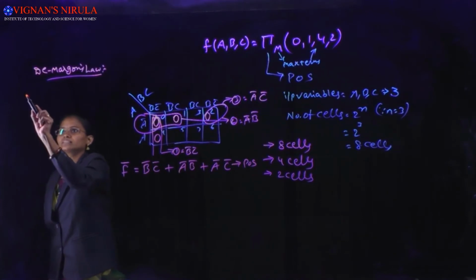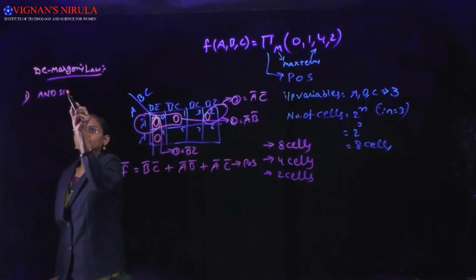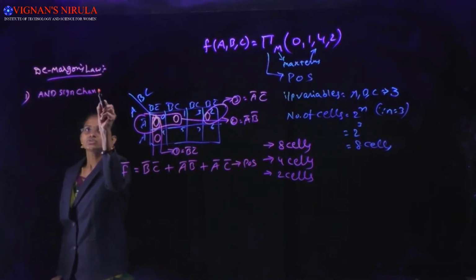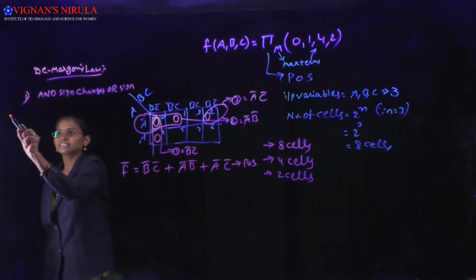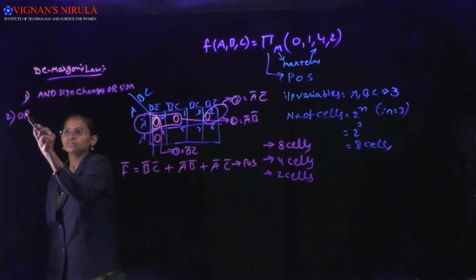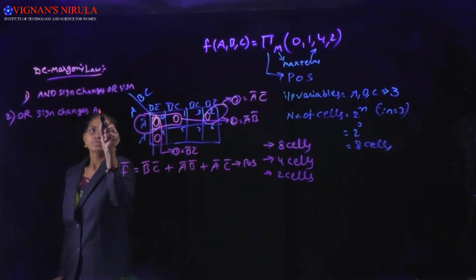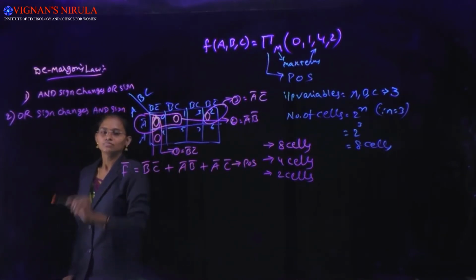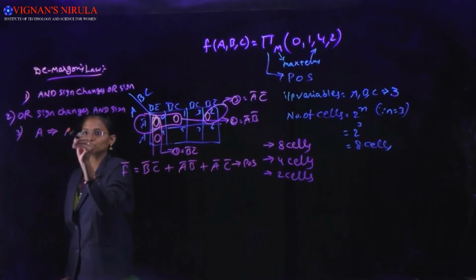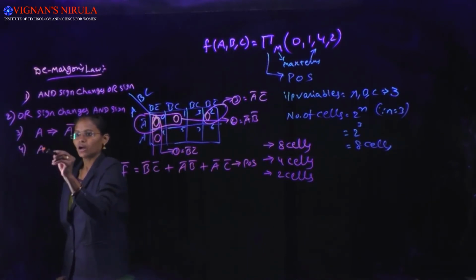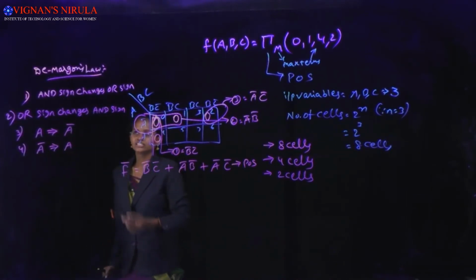In the first case, the AND sign changes to OR sign. In the second, the OR sign changes to AND sign. In the third case, uncomplement is changed to complement, and complement is changed to uncomplement. These are the conditions for De Morgan's law.